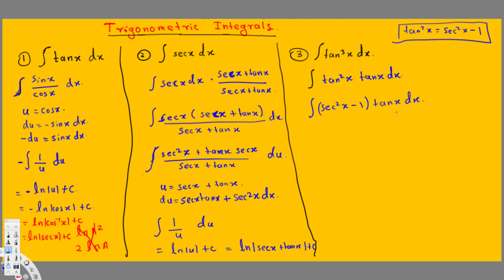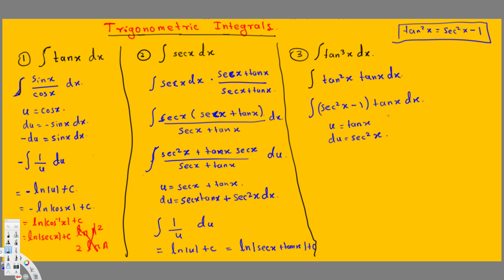Now we have the derivative: the derivative of tan x is sec square x. So if you take tan x for u, the derivative is going to be sec square x.